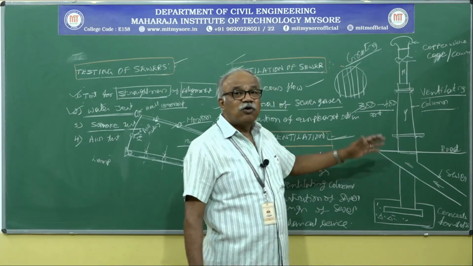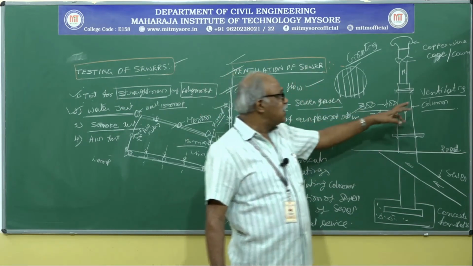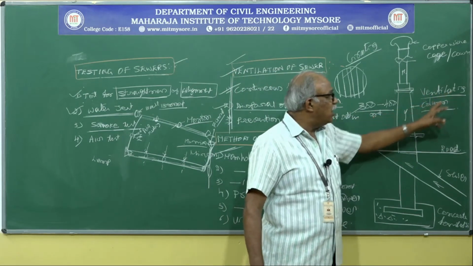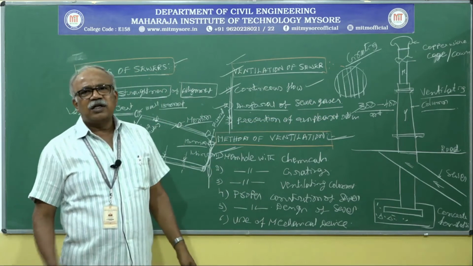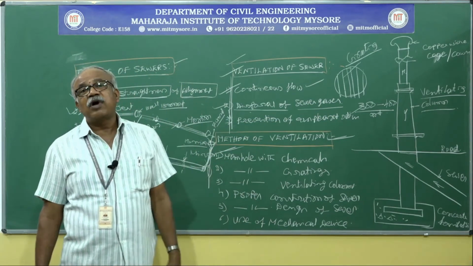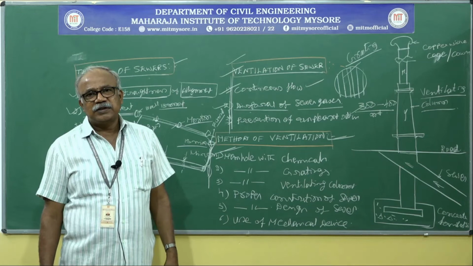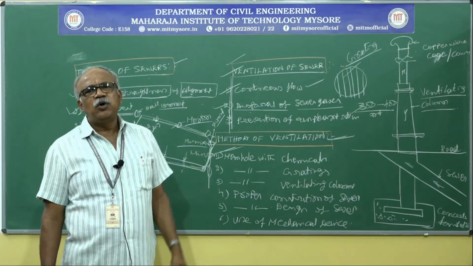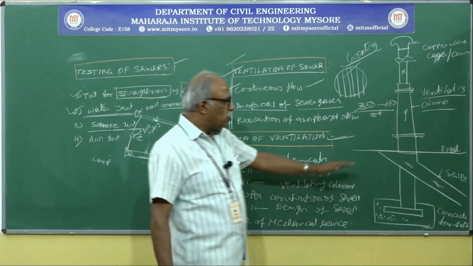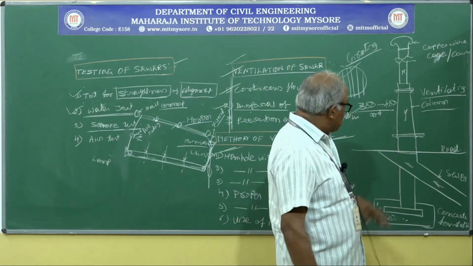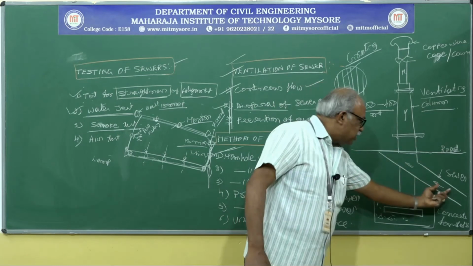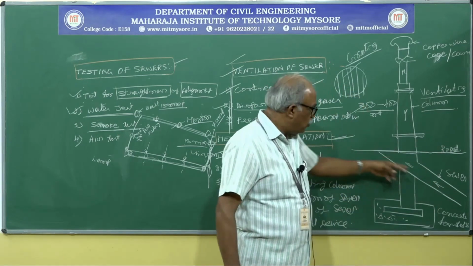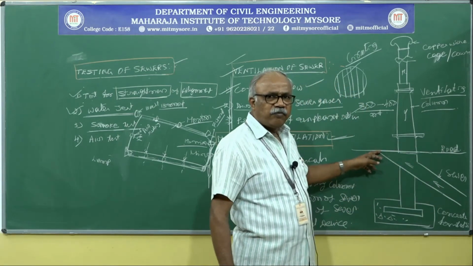To remove such gases safely, the ventilating column is constructed over this sewer at intervals of 300 to 400 meters, the distance between two ventilating columns. You can observe this. This is the road, the line indicates the road. This sewer line is flowing.